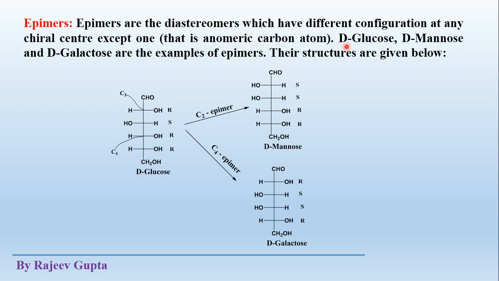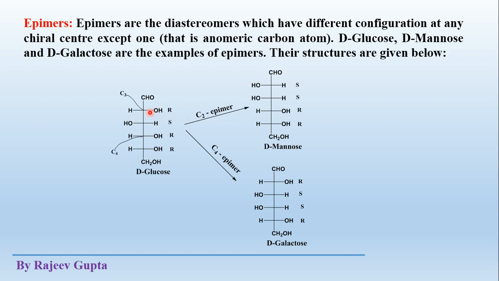So examples are D-glucose, D-mannose and D-galactose, which are epimers. These stereoisomers are related as epimers, meaning they are diastereomers which are not mirror images. These are shown below. This is D-glucose. As we see, the configuration is R, S, R, R at these chiral centers.